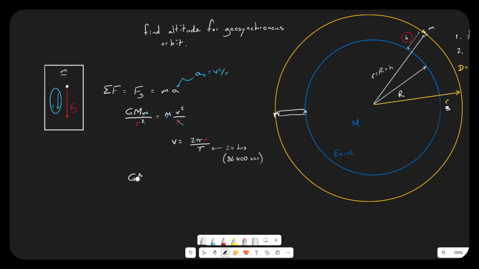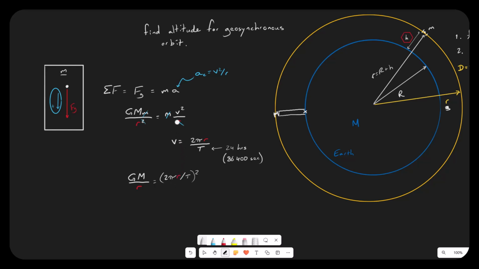G times the mass of the Earth over r equals, when I take v and square it, 2 pi r over T, and I'm going to have to square that. I'll just do that in my next step.